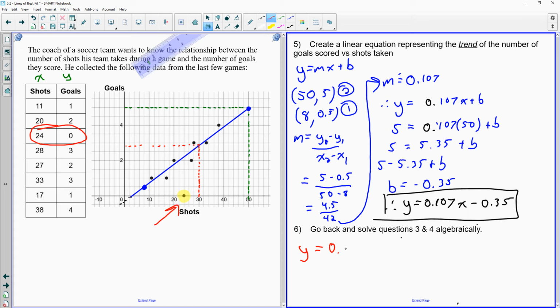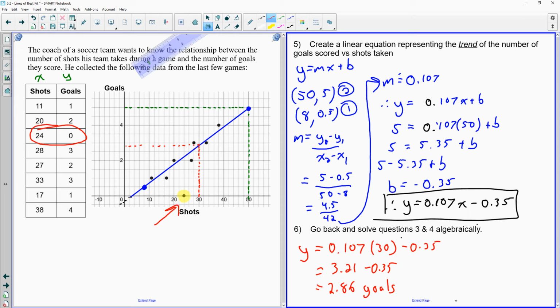So y would be 0.107 times x, which is the number of shots, so that's 30, minus 0.35. So 0.107 times 30 is 3.21 minus 0.35, and that gives me 2.86 goals.